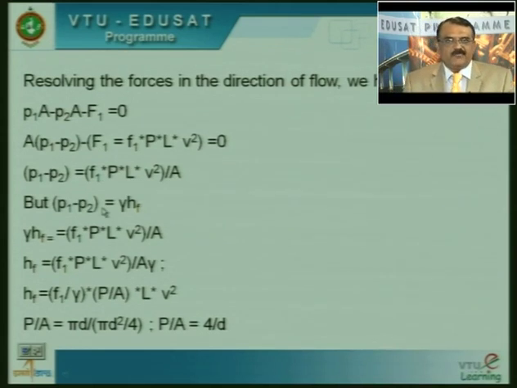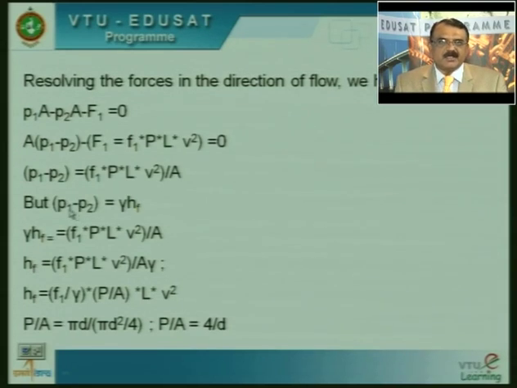Now, if you kindly recall, P1 by gamma minus P2 by gamma is nothing but your head loss. I repeat, P1 by gamma is the pressure head at section 1, and P2 by gamma is the pressure head at section 2. The difference between these two gives you the head loss due to friction, HF.